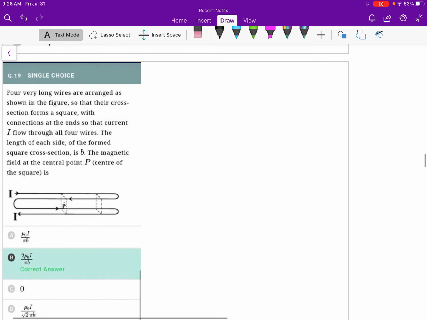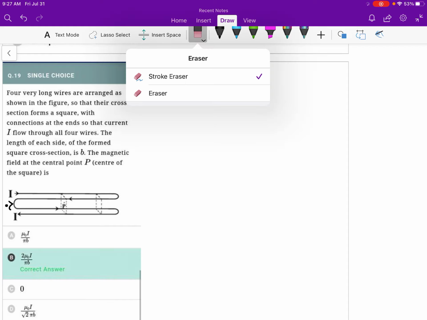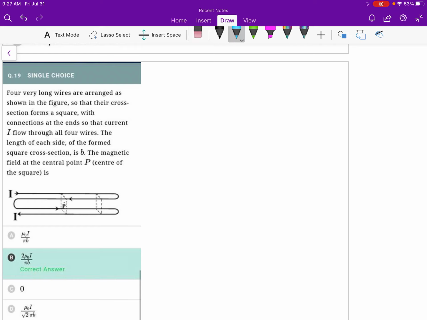Four very long wires are arranged, and the magnetic field at the center point P is asked. So guys, let's observe this square from the leftmost side.